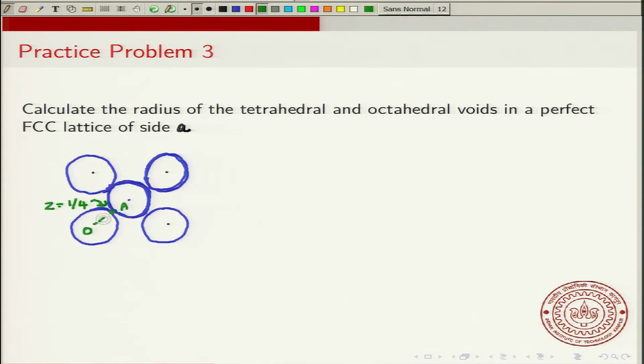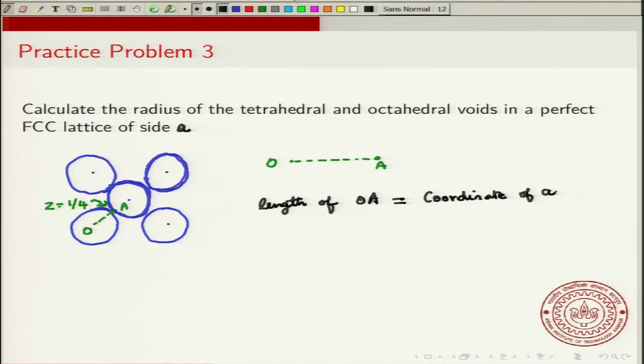The coordinates of A are 1 by 4, 1 by 4, 1 by 4.